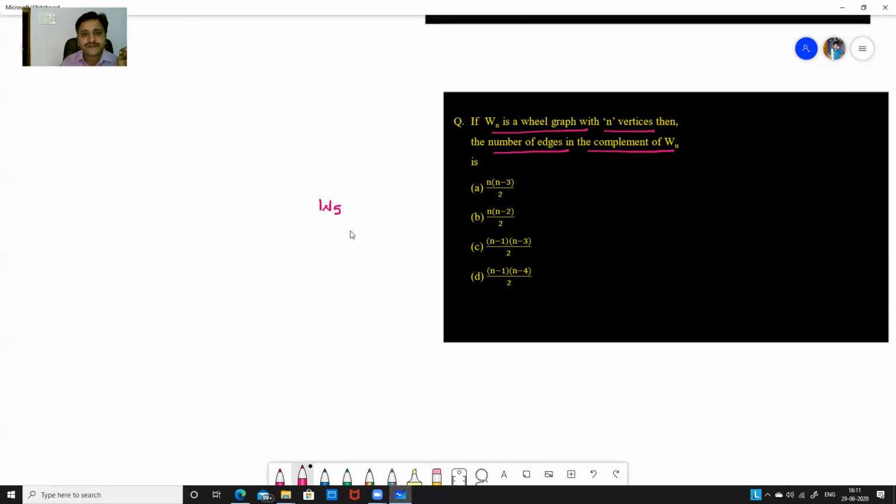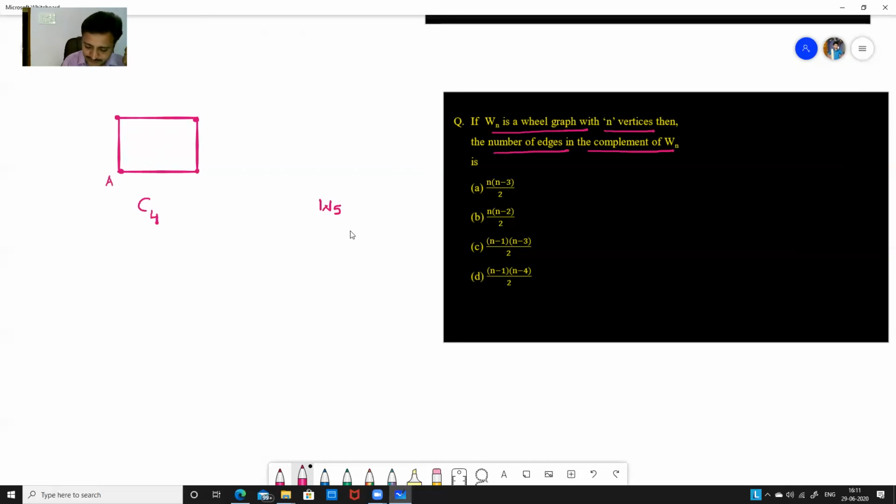The wheel graph with 5 vertices can be derived from a cycle graph with 4 vertices. Therefore, the cycle graph with 4 vertices looks like this.